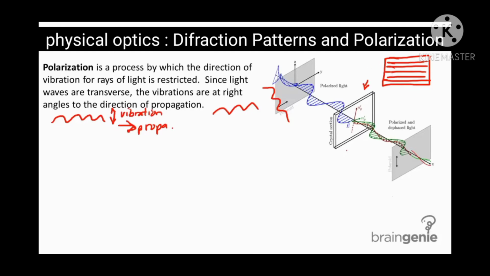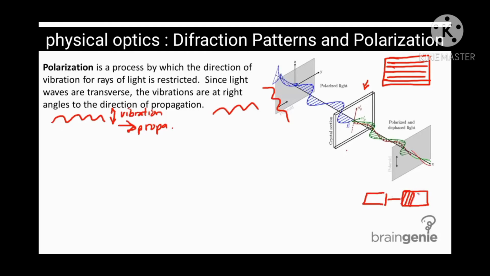For example, let's assume this crystal section only allows light vibrating in the vertical direction. That means this crystal section will polarize, blocking out all other directions of vibration, and therefore the light waves have been polarized.